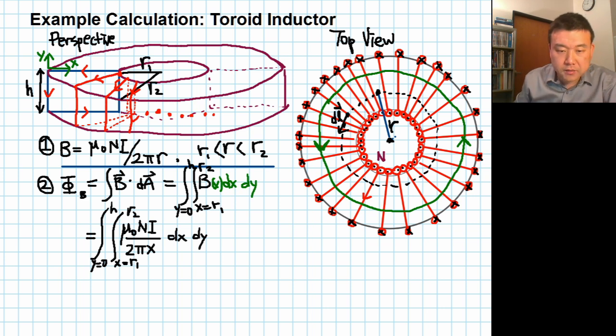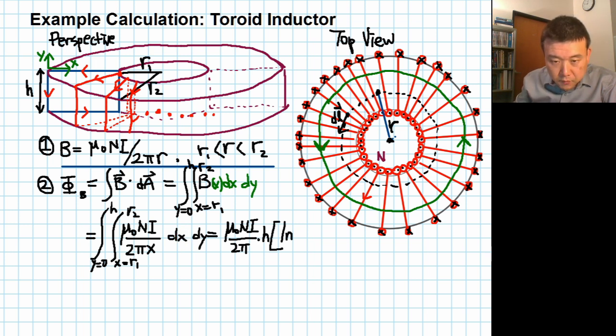Factoring out all the constants and doing the dy integral, it's equal to mu naught times Ni over 2 pi times the h that's coming from the y integral. And I'm now writing down the integral for 1 over x integrated with respect to x. So that would be the natural log of x evaluated from x equals r1 to r2.